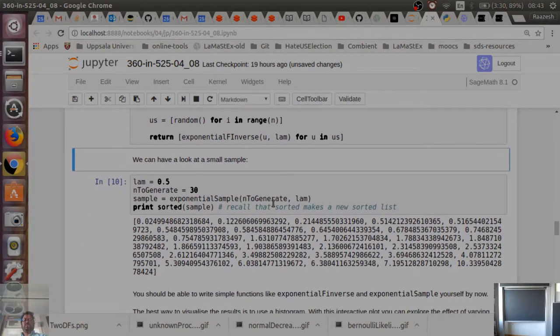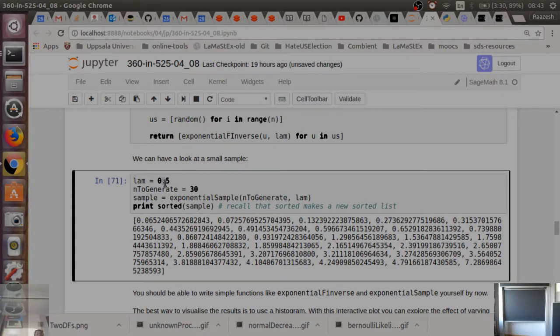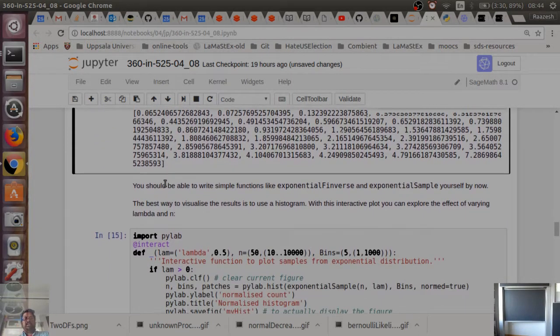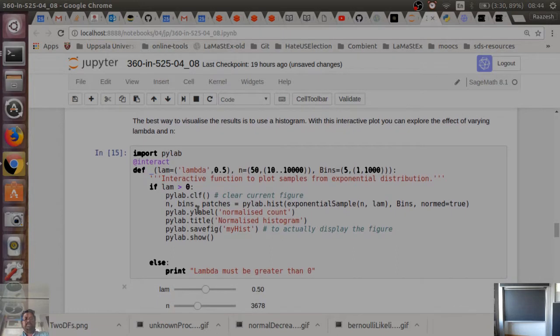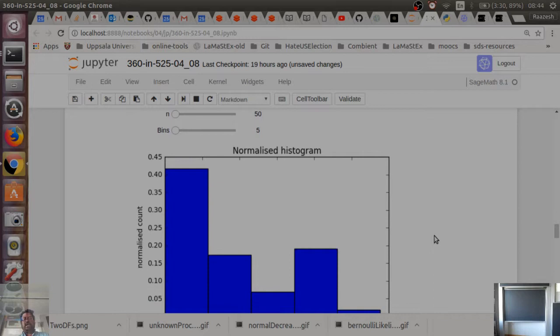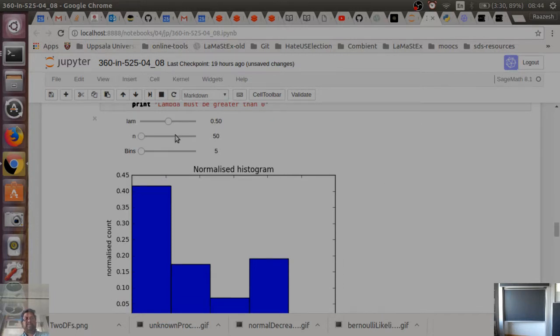So we can produce n samples, and these are your samples already. You've set your lambda, the parameter you want, to be 0.5. So in this case, you're simulating samples from that lambda with sample size n, and there come your samples. In this interact, we are getting lambda as 0.5, and we can play with the sample size and the number of bins.